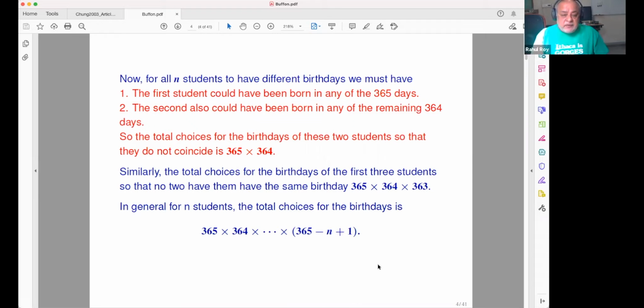Similarly, for the first three students, it is 365 multiplied by 364 multiplied by 363. In general, for n students, the choices for the birthdays is exactly this quantity, 365 multiplied by 364 multiplied by ... 365 minus n plus 1.